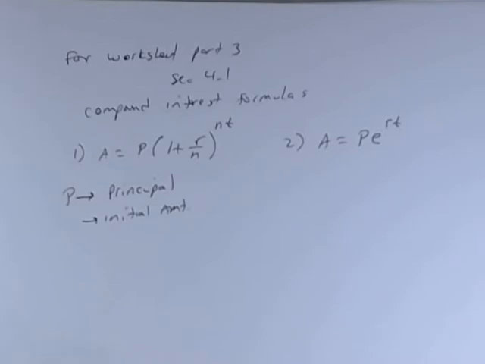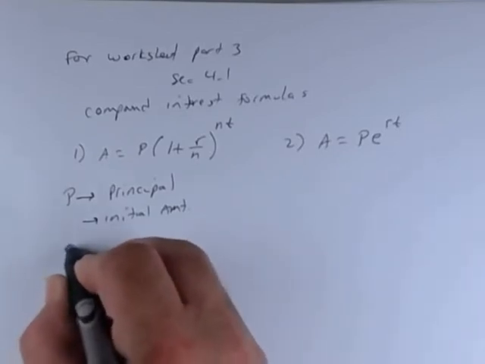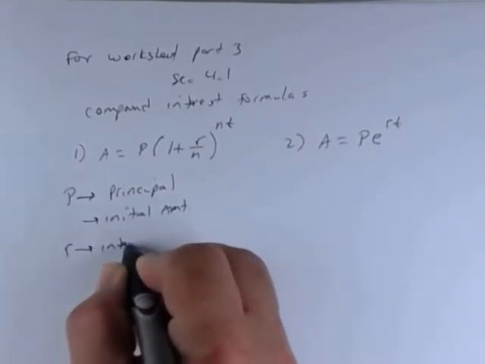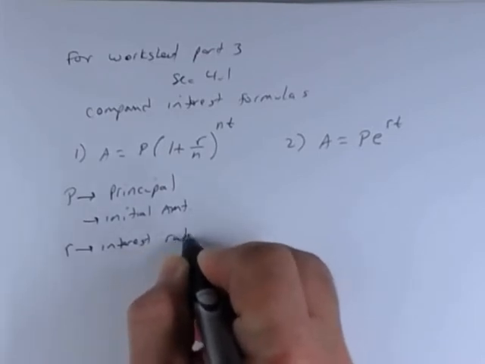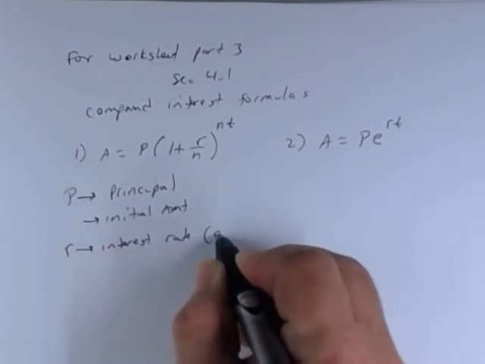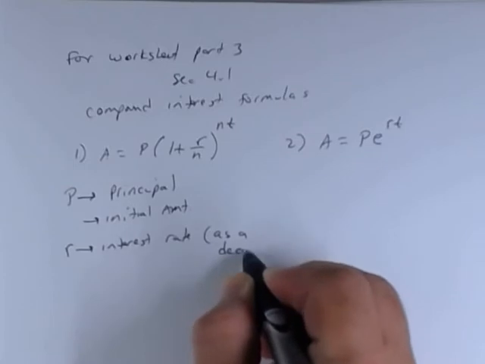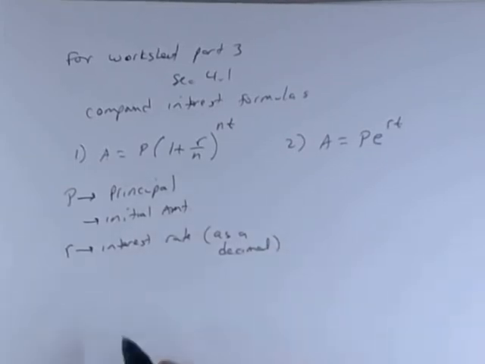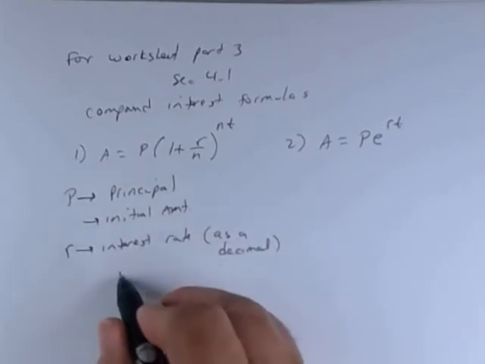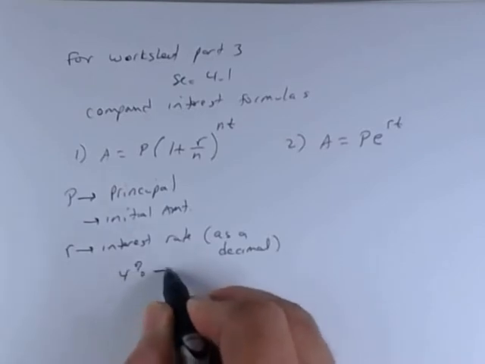R is the interest rate, and it must be as a decimal. So if your interest rate, let's say, is 4%, then you're going to say R equals what?